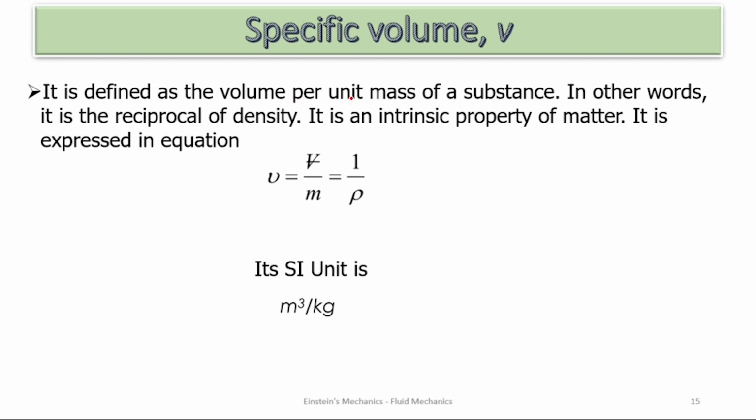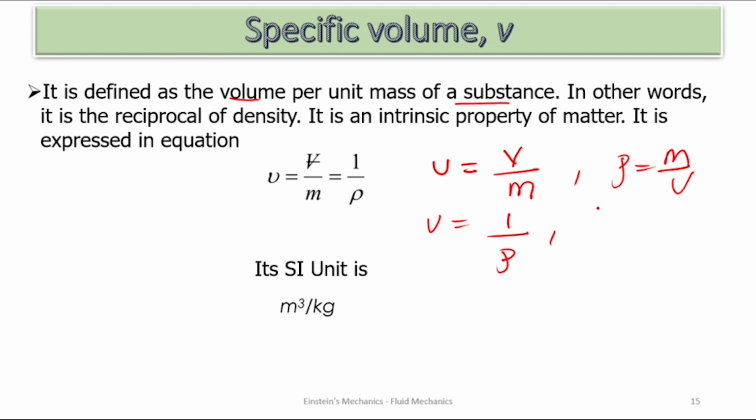It is defined as the volume per unit mass of a substance. Volume per unit mass. So it is also denoted by the letter v, small v, which is specific volume. The volume per unit mass. Are we good? Remember, the density is mass per what? Volume. So can we say specific volume is the inverse of this density?